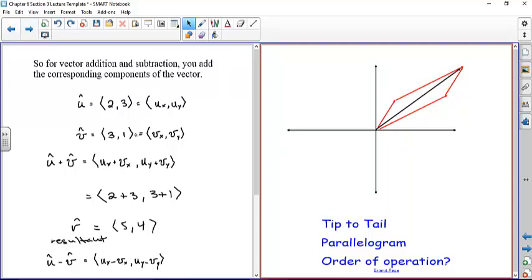Now what we're doing here is we are changing the first vector into an x component and a y component, and we change the second vector into an x and y component, and then we add the x components to get the total distance. So this x component plus the x component from this vector is going to be the total x component of the resultant vector.